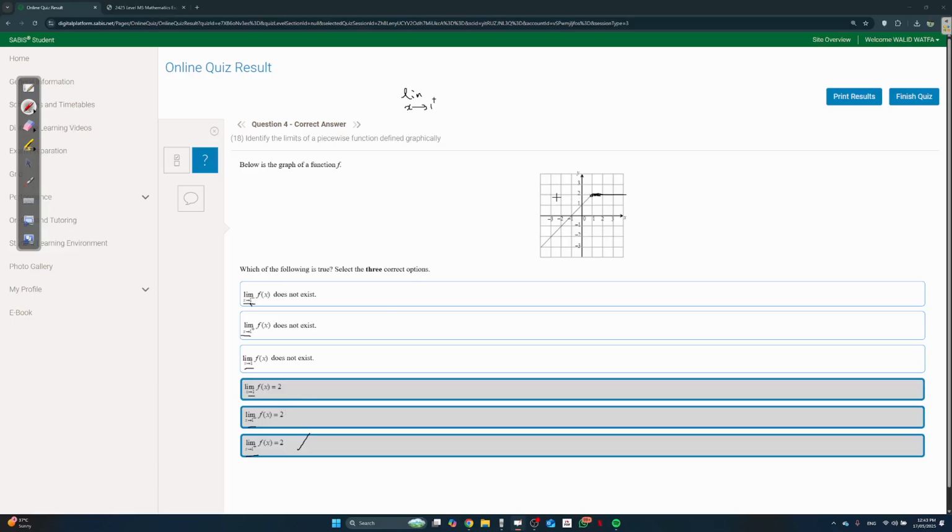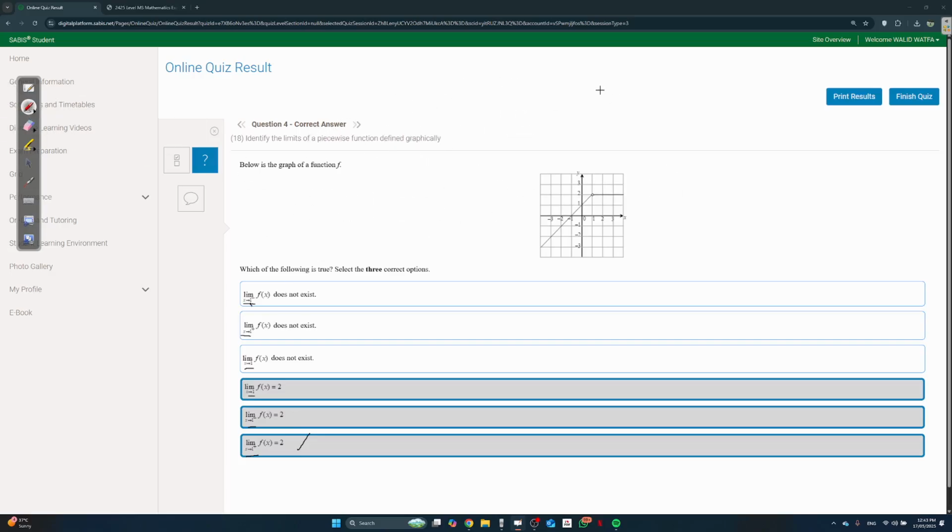As you approach 1 minus, it means you're approaching it from the negative side, so from the left side, and as you can see over here, it's also 2. Nice and easy. For the limit as x approaches 1, with plus or minus or just 1, you're also going to get 2. So someone's going to ask, what's the difference then?